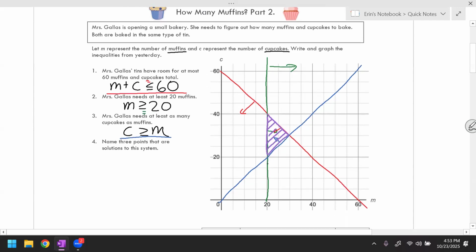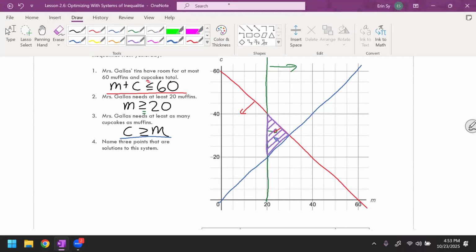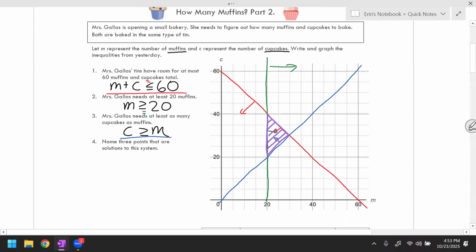So what are some points that are in this region? Let's just take a look. Well, this one looks pretty good. This would be 25, maybe 30. So 25 comma 30. And remember, this is muffins, cupcakes. So 25 muffins, 30 cupcakes. Seems reasonable.